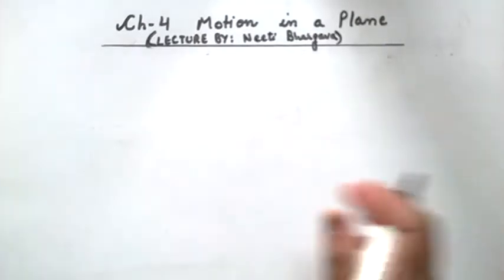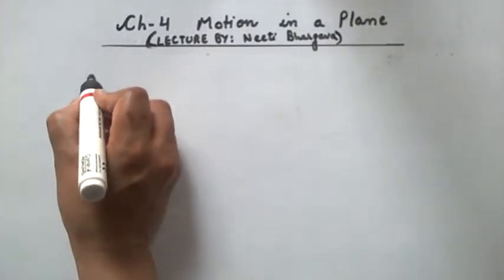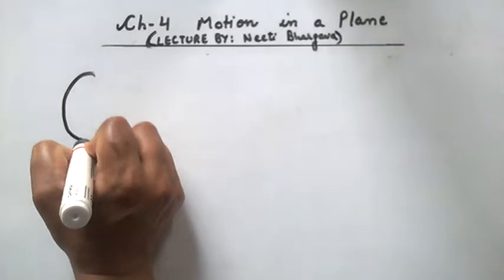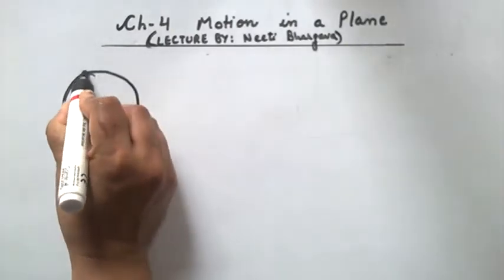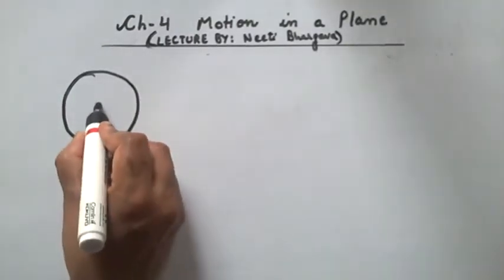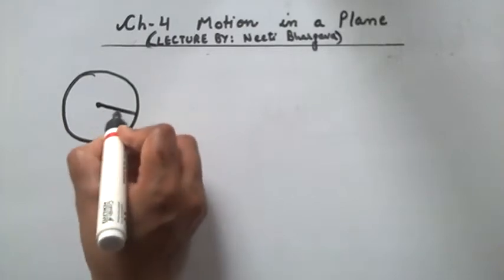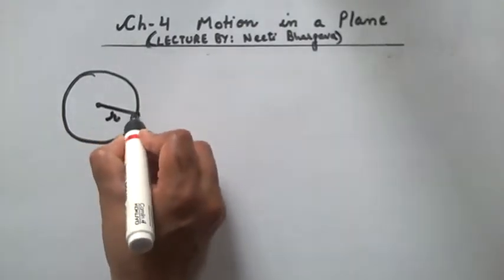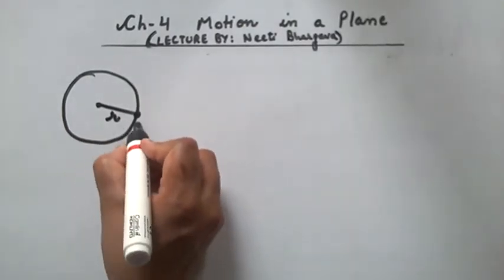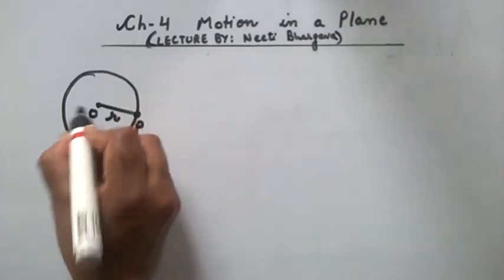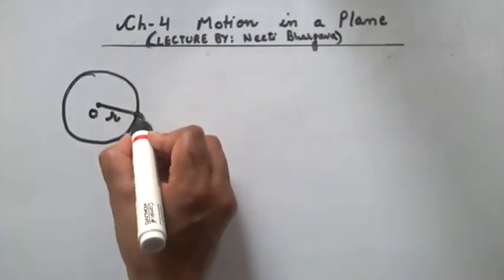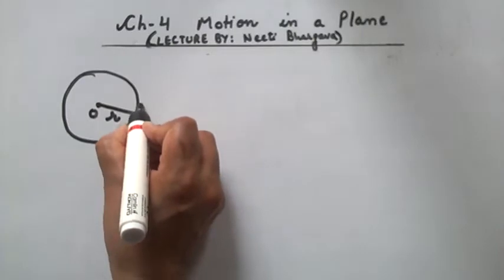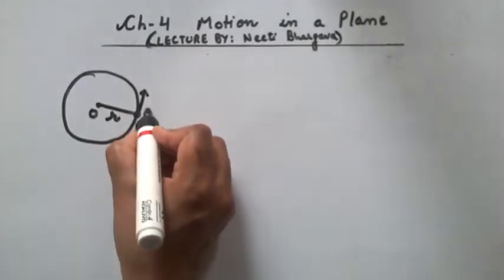Consider a circular path in which a particle is moving. A circular path has a constant radius. Let us suppose a particle is situated at point P from O, and it is moving with velocity v at time t.